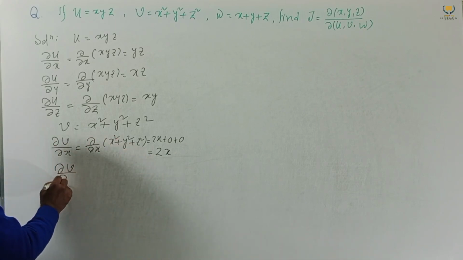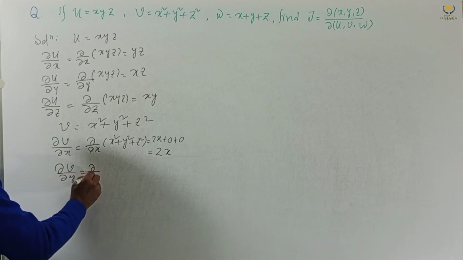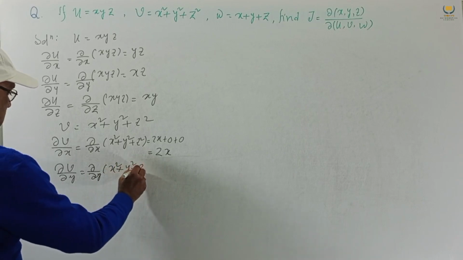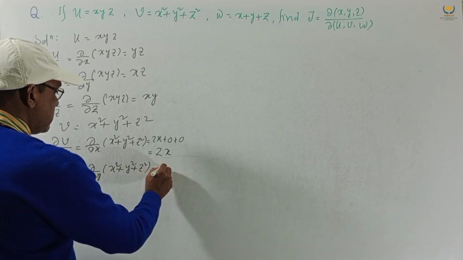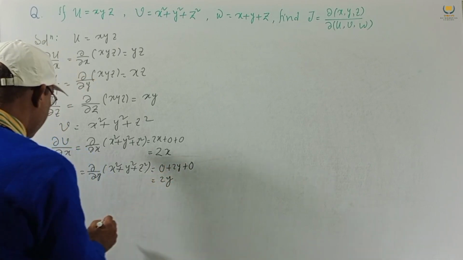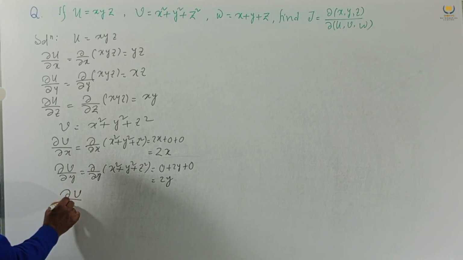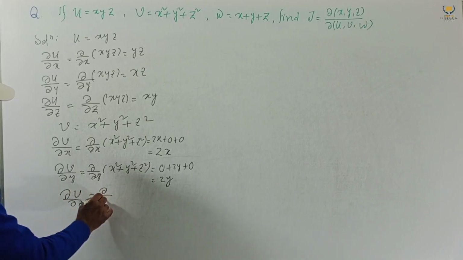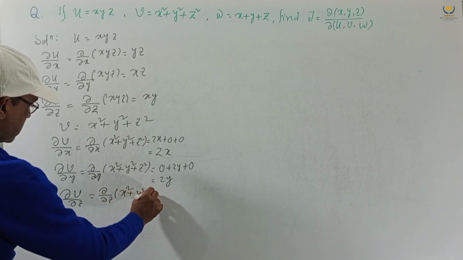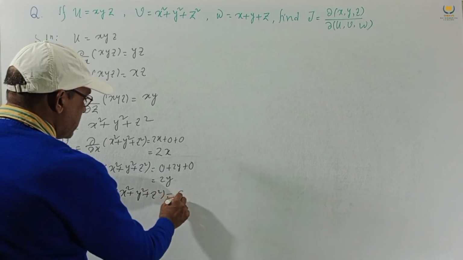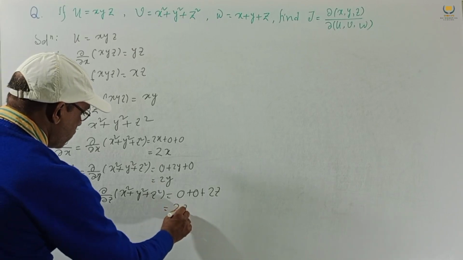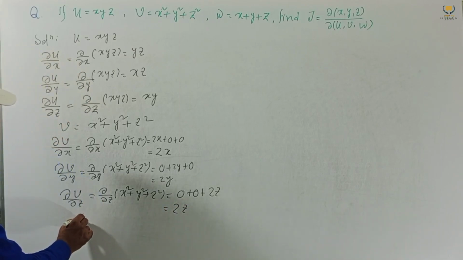Del v by del y, del by del y of x square plus y square plus z square, this is 0 plus twice y plus 0. This is twice y. Del v by del z, del by del z of x square plus y square plus z square, 0 plus 0 plus 2z. This is 2z.